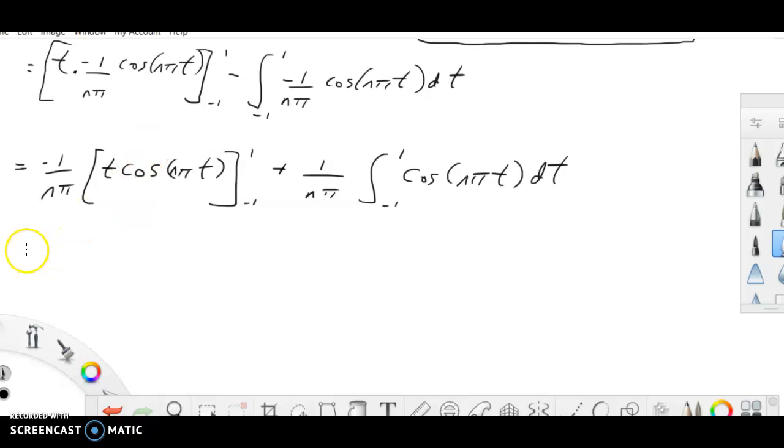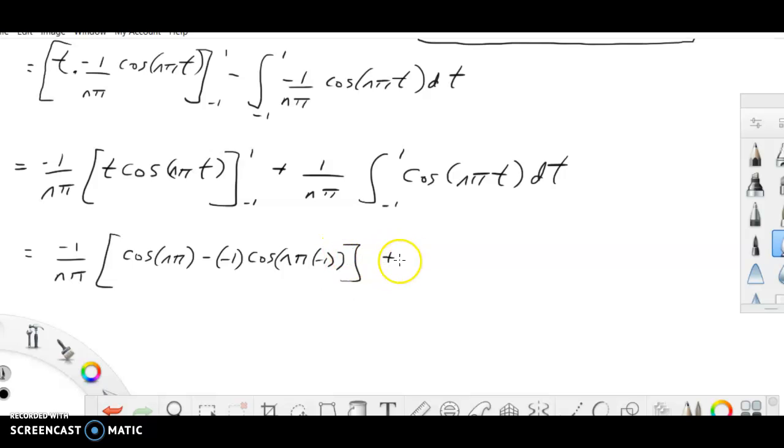Now we can apply limits here. So minus 1 over n pi, open the big bracket, and here that's going to be 1, so your first term is going to be cos n pi, minus the second term, we're going to have a minus 1 here, so we can stick it in there just to have the detail, cos n pi, and that's going to be times the minus 1, because t in the second instance there is minus 1.